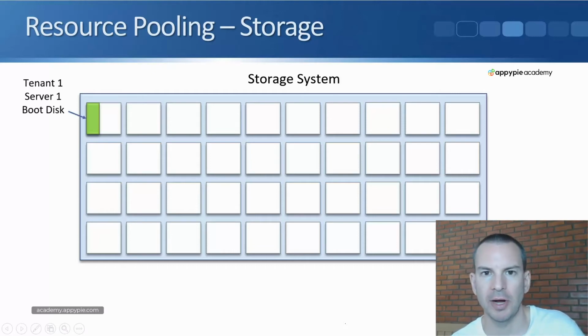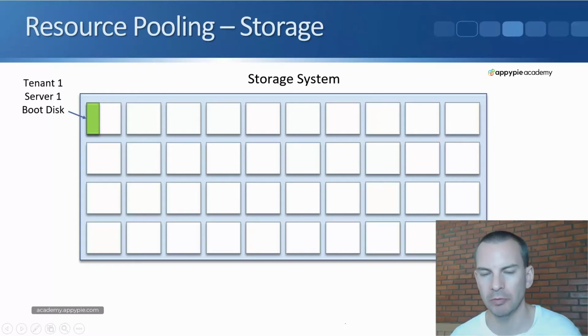With my centralized storage, I can slice up my storage however I want to and give the virtual machines their own small part of that storage for however much storage they require. So you see the example here on my first disk. I have taken a slice of that and I'm going to give that amount of storage to the boot disk on tenant 1, server 1.